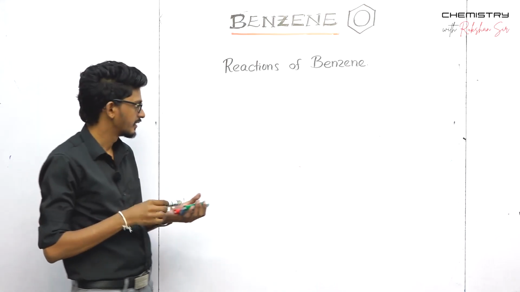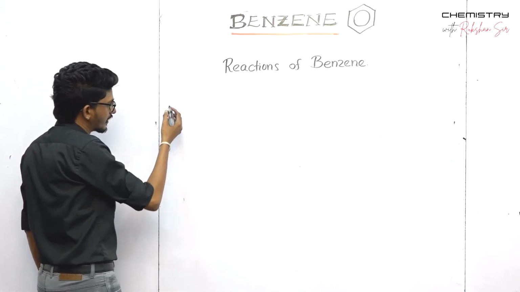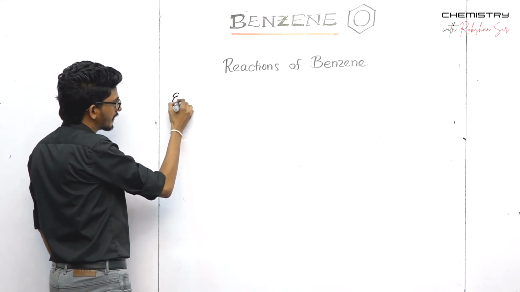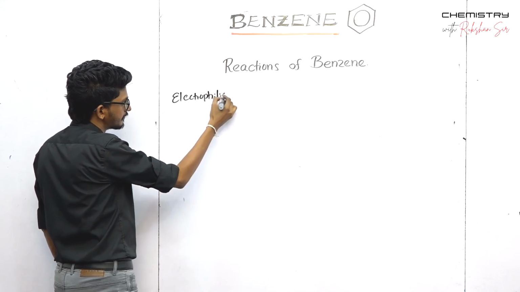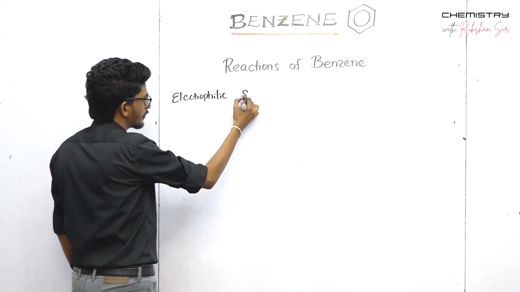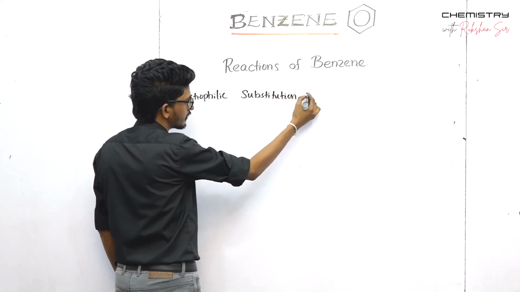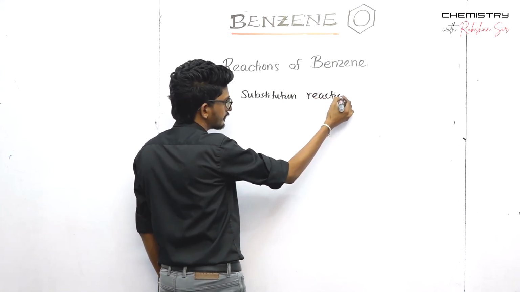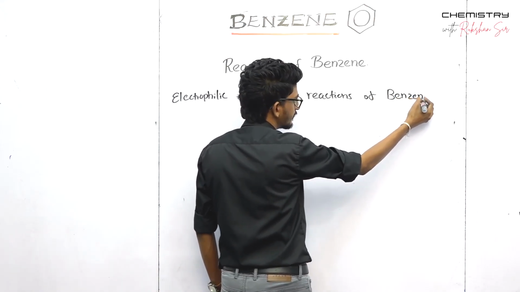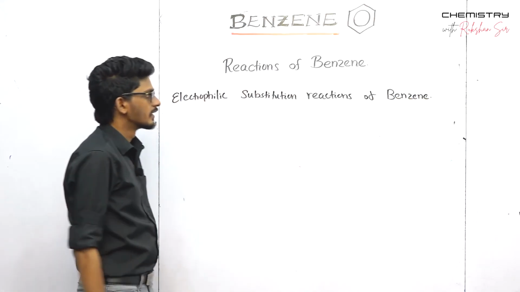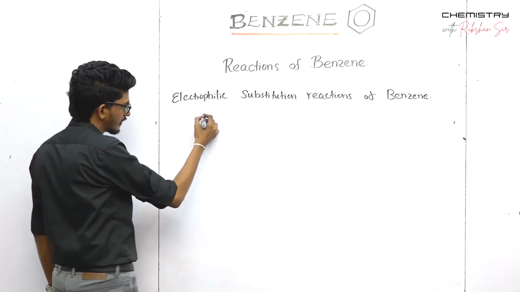So let's see what the electrophilic substitution reactions of benzene are. There are 4 such kinds. Let's discuss them one by one.